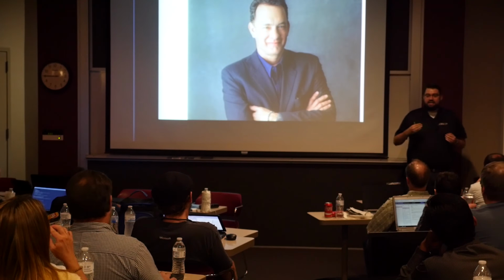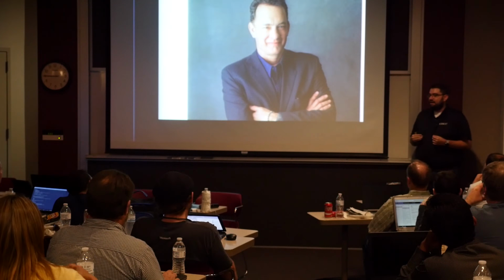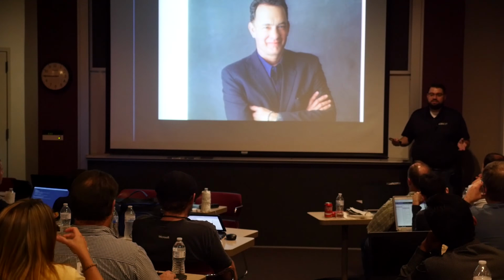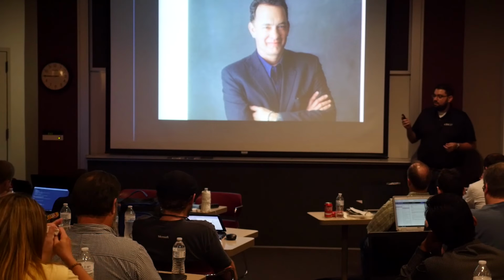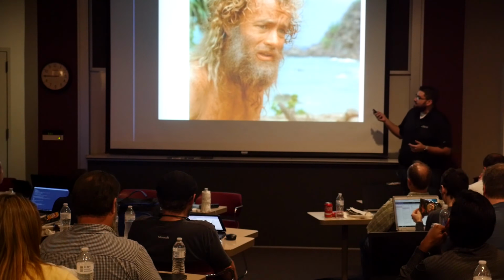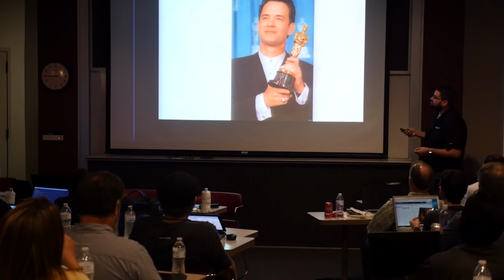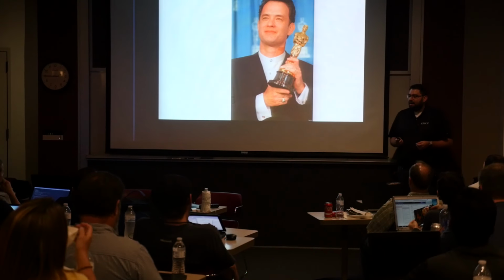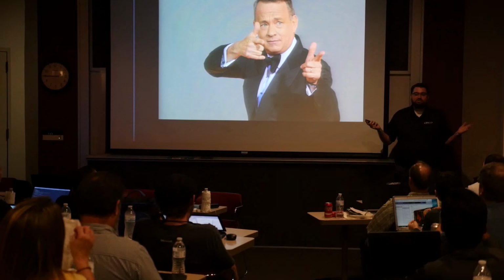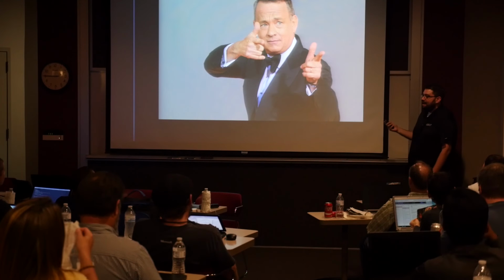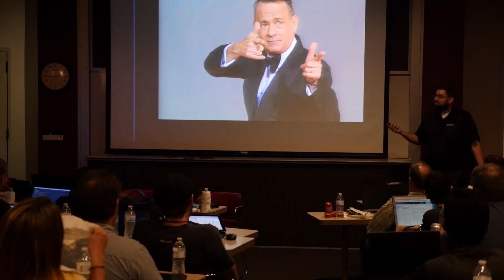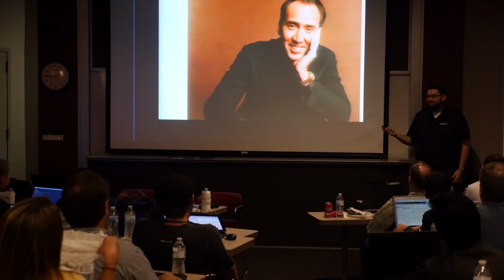It means that he does act, and that he might have a collection of awards. Tom Hanks has made many great movies, and he is a very much beloved, award-winning, all-around national treasure.